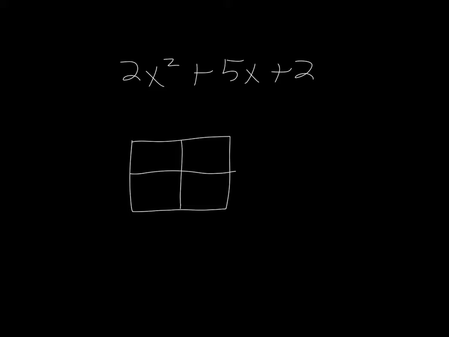The upper left is going to be my x squared term, which is 2x squared. My lower right is going to be my constant, which is the 2. And then the remaining boxes are going to be x terms. We just don't know what those numbers are yet.